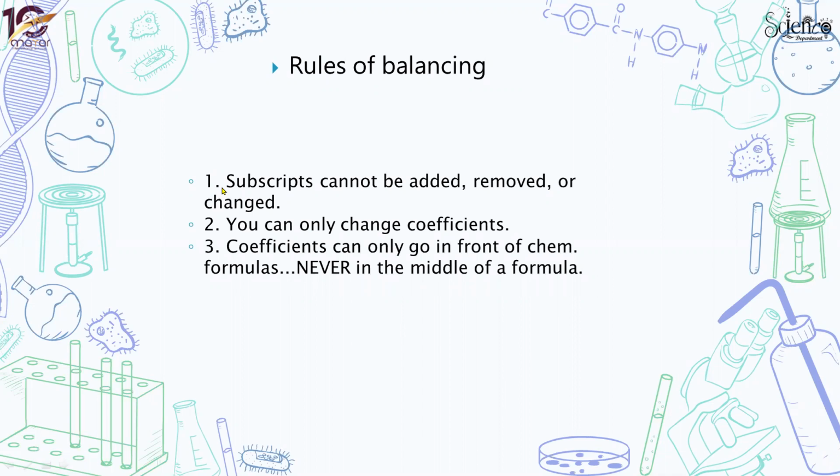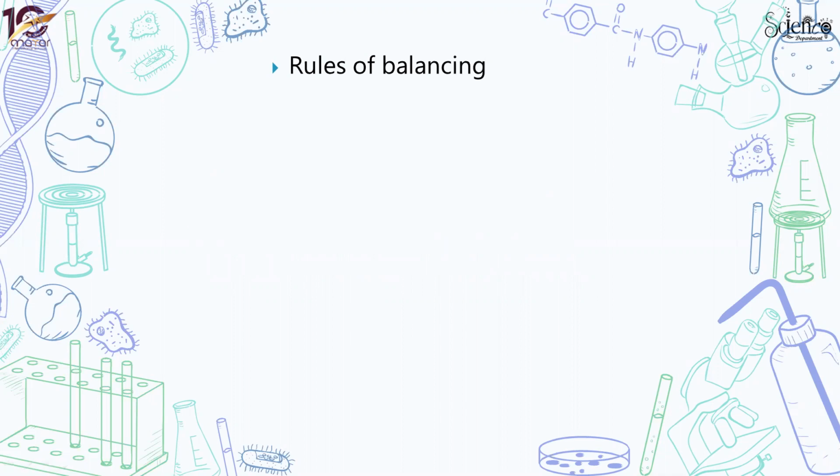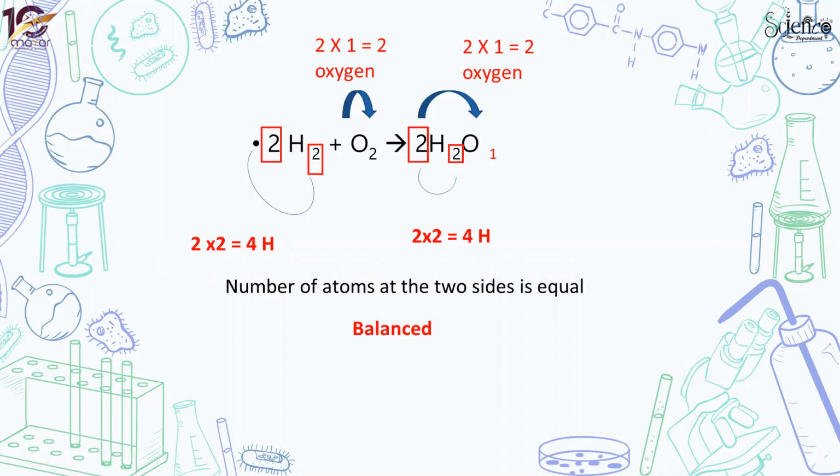Third rule, coefficients can only go in front of a chemical formula, never in the middle of the formula. What does it mean? It means that, for example, in this reaction, I can't just go and write H2O because I want to balance it. The coefficient only goes in front of, okay?